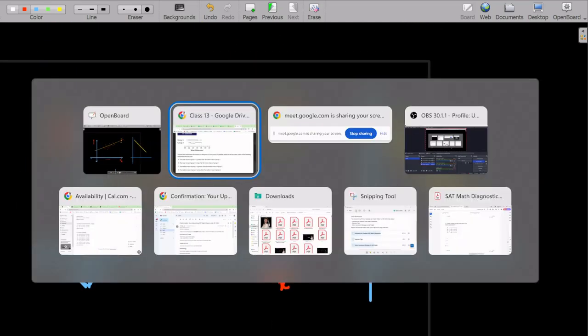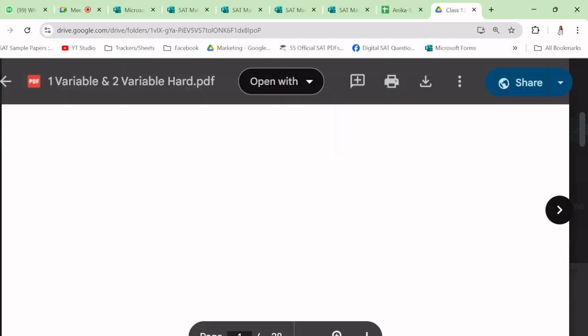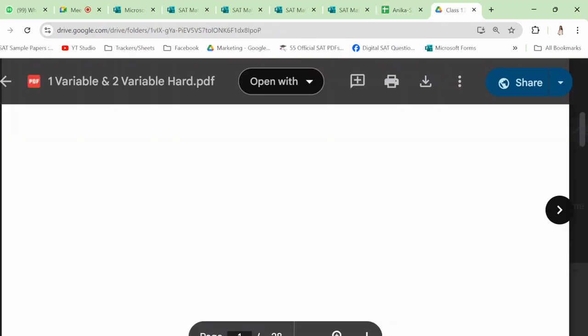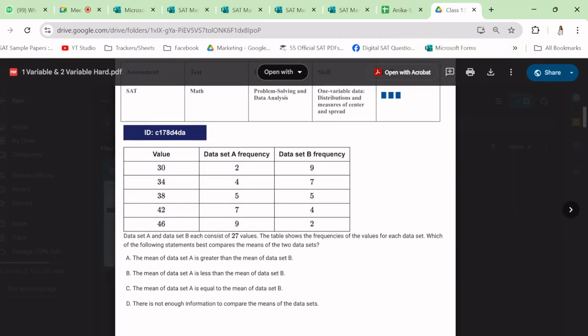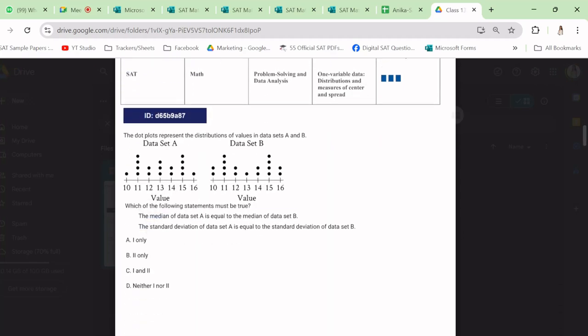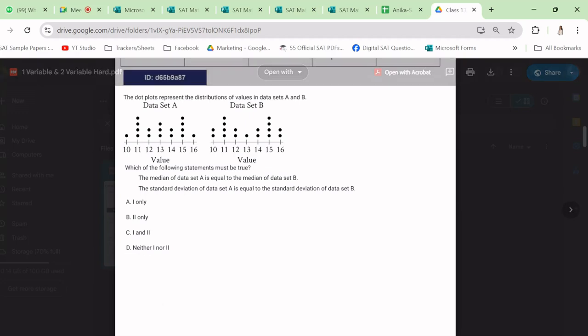Now the questions from this, Anika, you can expect. I think in this document you have both the questions of one variable and two variable. Let's see. Yeah, okay, that question is in this document.